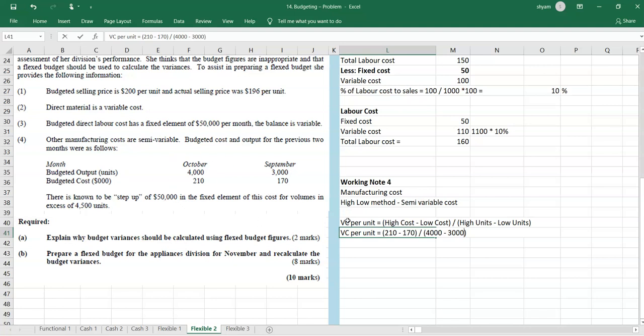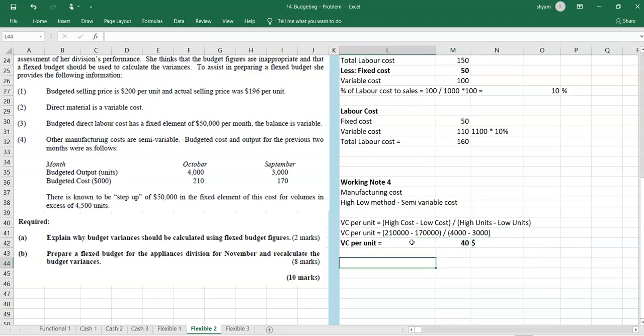This is given in terms of 3 zeros, so we'll put all the 3 zeros. This is in terms of dollars. So we got the per unit amount.